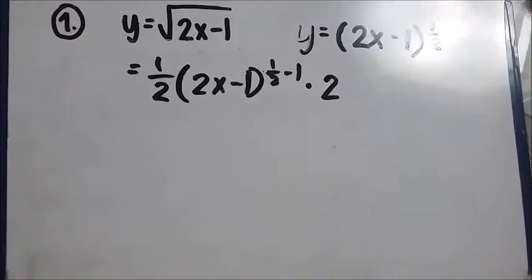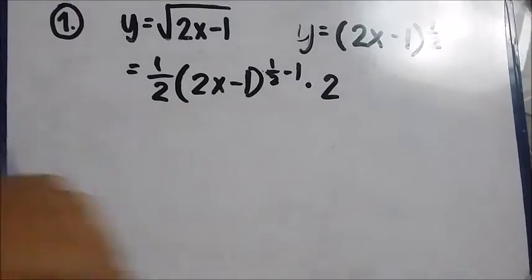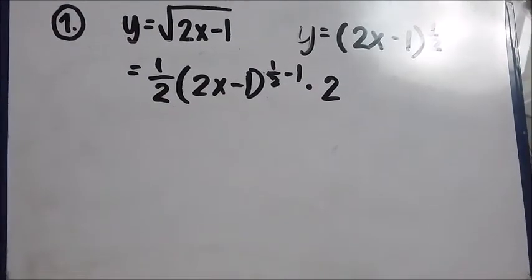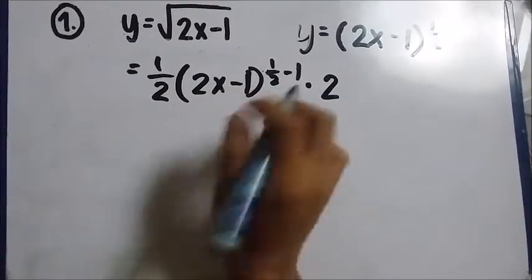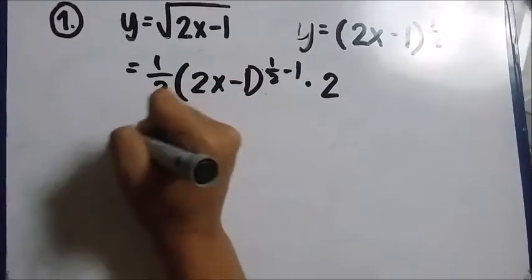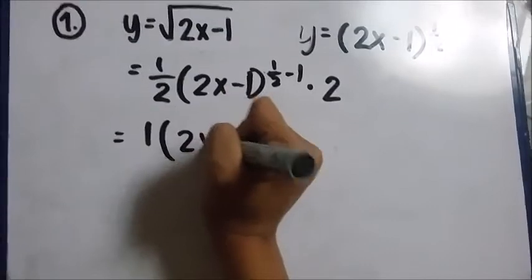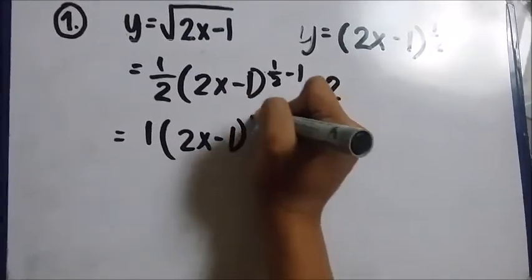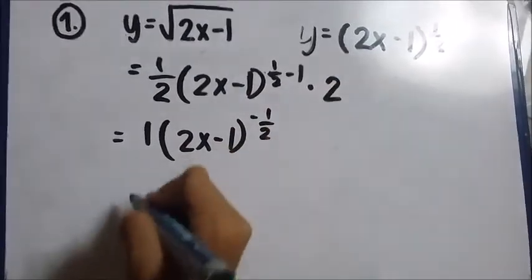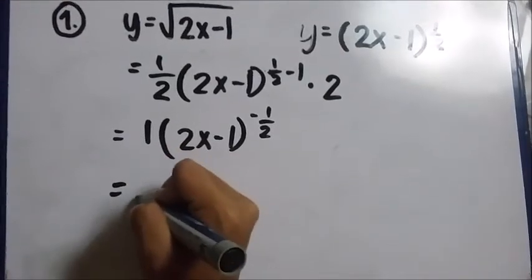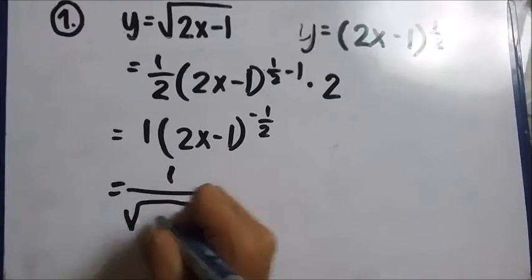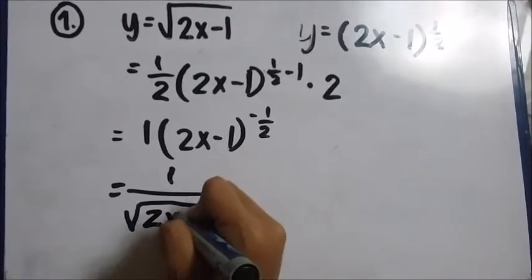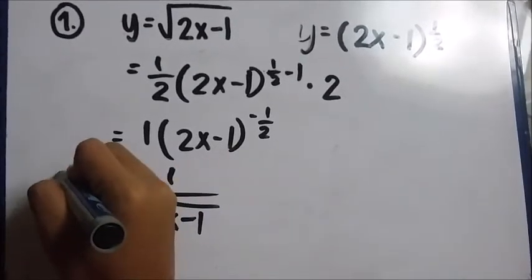After we get the derivatives, we're going to simplify it so that we can find the value of dy/dx. 1/2 times 2 times (2x minus 1) raised to negative 1/2, or simply equivalent to 1 over the square root of 2x minus 1.